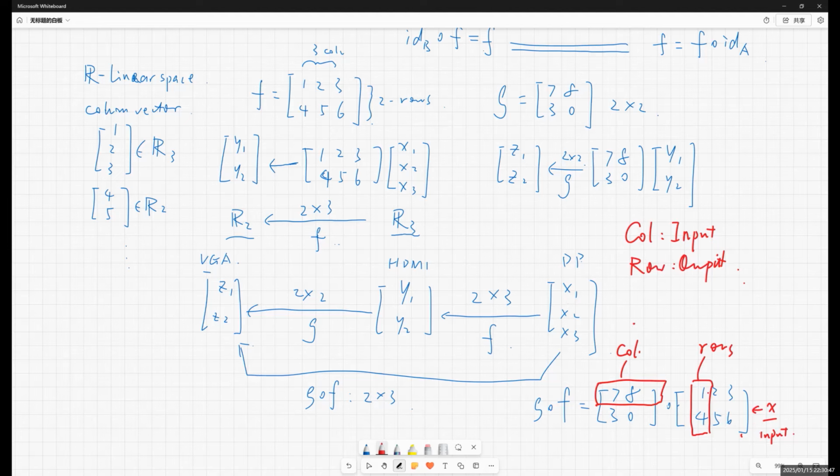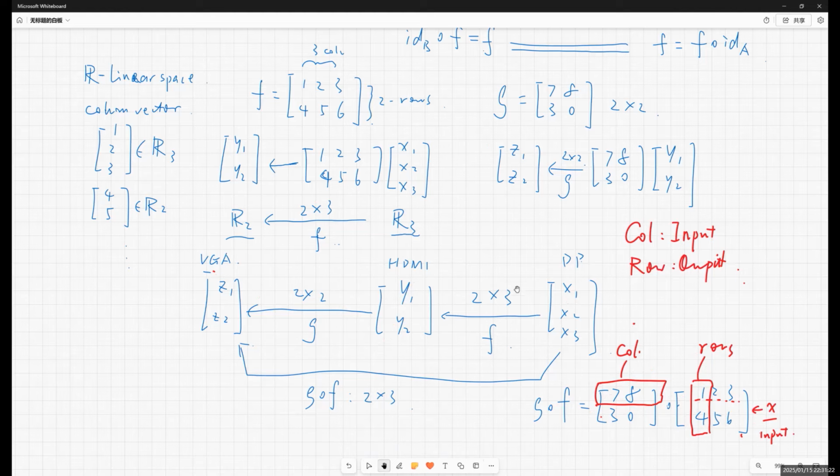So here it accepts 3-dimensional, 1, 2, 3, 4, 5, 6, and outputs 2 rows. 2 rows is the dimension of Y, and here accepts Y as the input with 2 columns, and then finally gives 2 rows as the output of GF. So this is what mathematics really talks about.